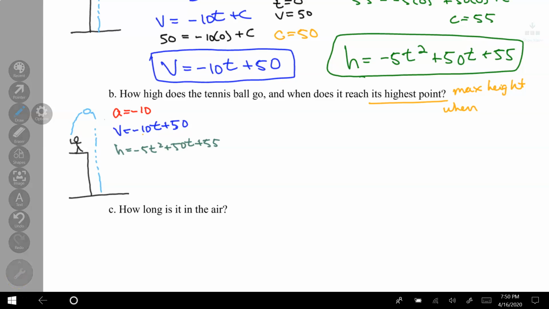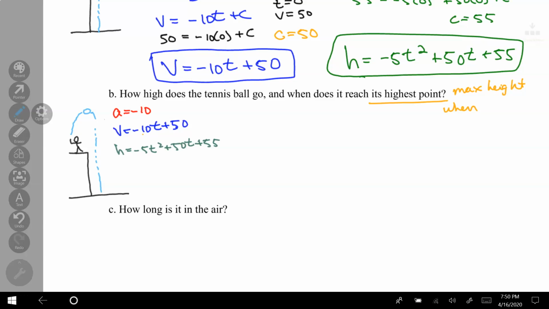Okay, continuing this problem for part B, it says, how high does the tennis ball go and when does it reach its highest point? So I want to figure out what is its max height and what time on the clock does that happen? Well, I talked about velocity being positive or negative.